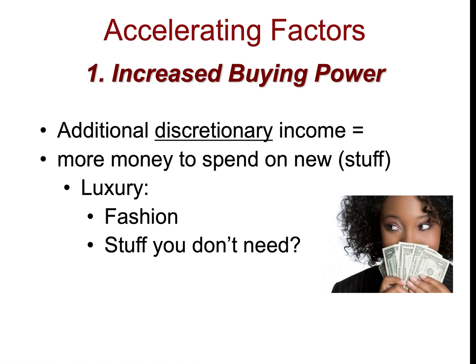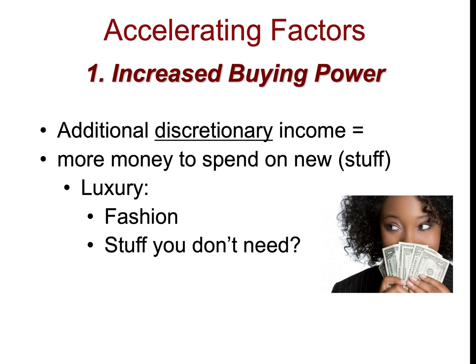So increased buying power. This means your discretionary income is improving. Discretionary is your play money. So you come home with your paycheck, you pay your bills, you buy your food, your necessities, and this is the money you have left to spend on the stuff you don't need. Fashion is that. I know some people would say fashion is a necessity, but it's not.